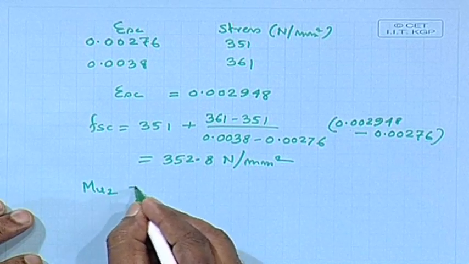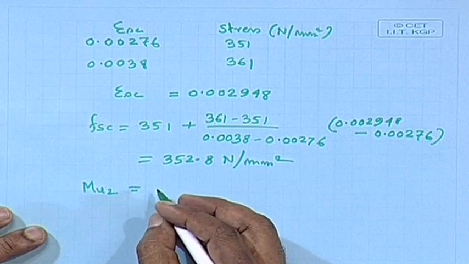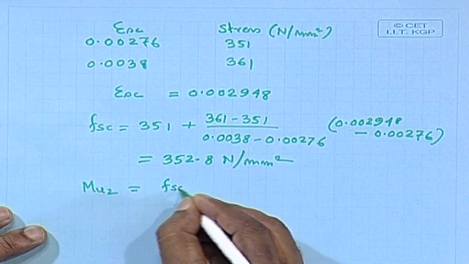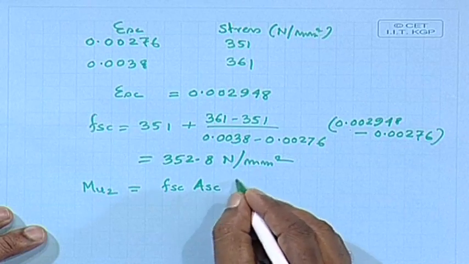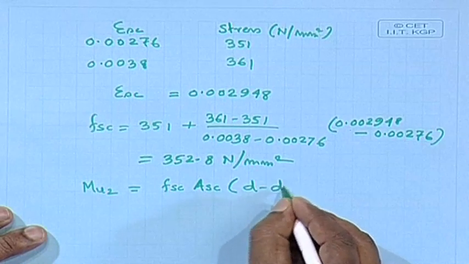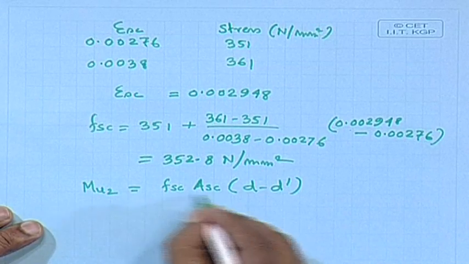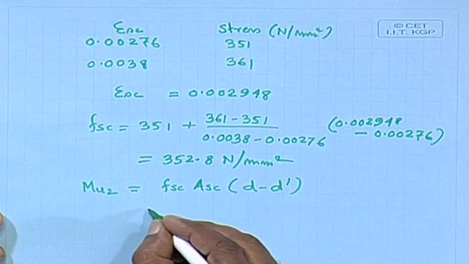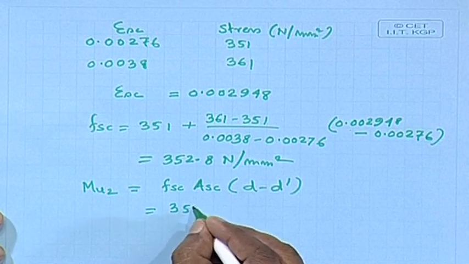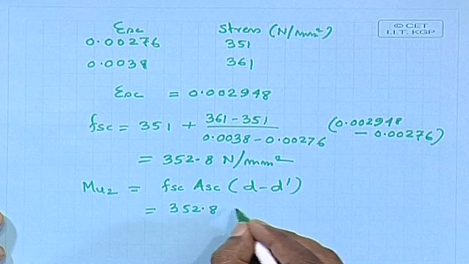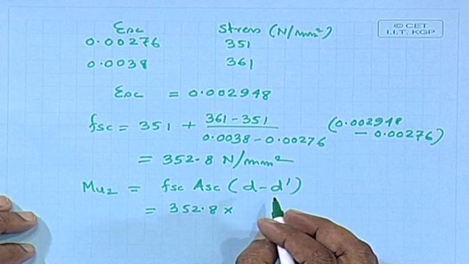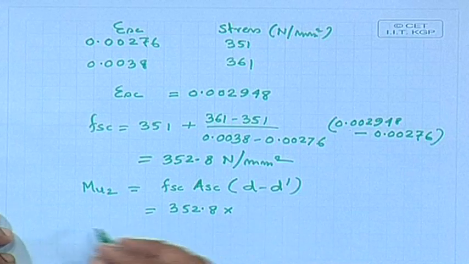Mu2 equal to fsc Asc d minus d dash. fsc Asc is the force in the compressive steel multiplied by the lever arm, which comes as 352.8 multiplied by Asc. What about Asc?